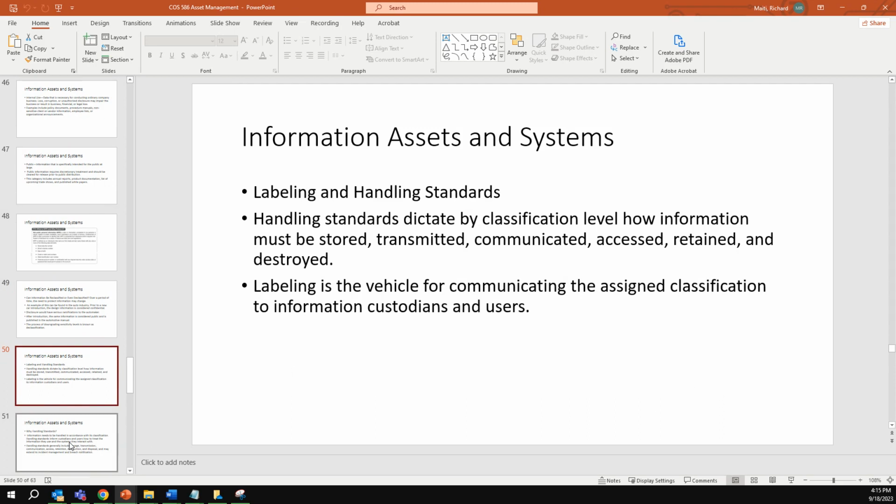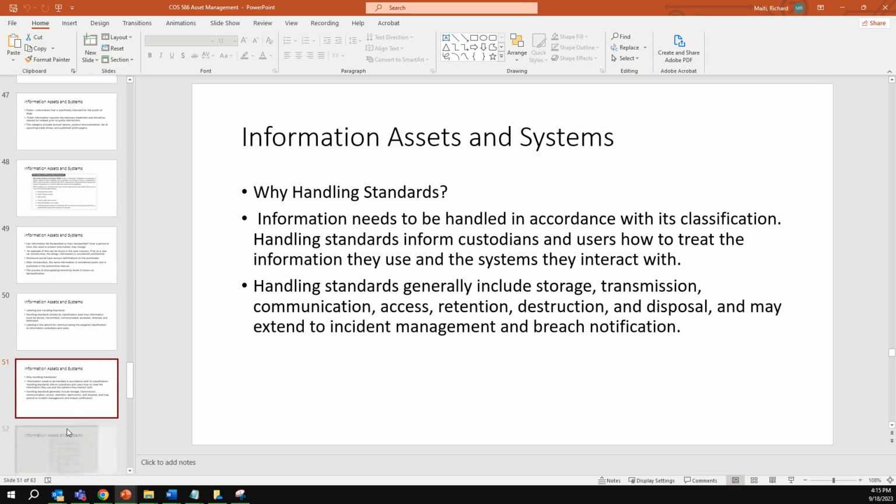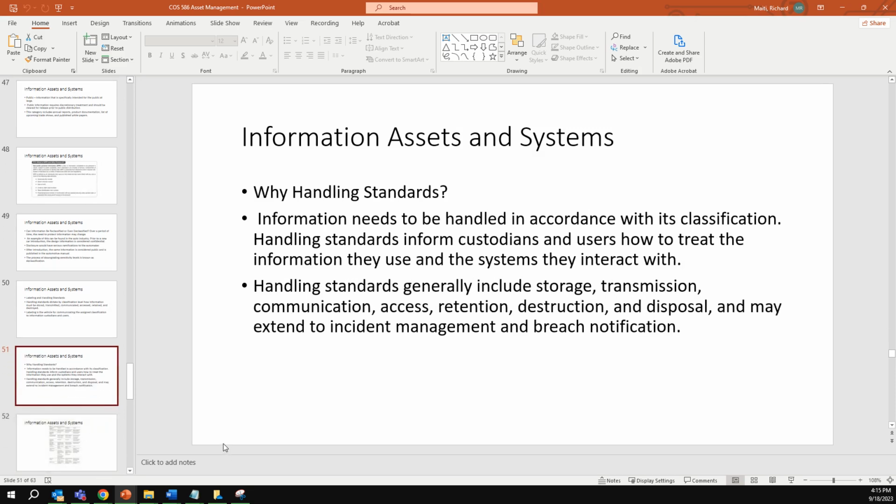Labeling and handling standards. So how information could be stored, communicated, transmitted, accessed, and so forth. Why handling standards? So information needs to be handled in accordance with its classification.